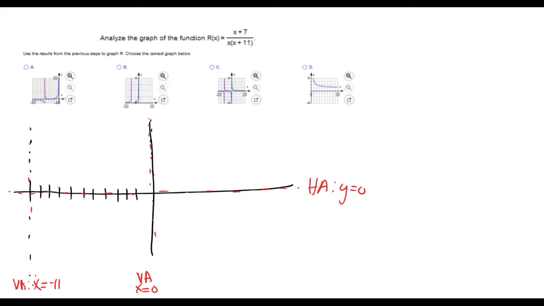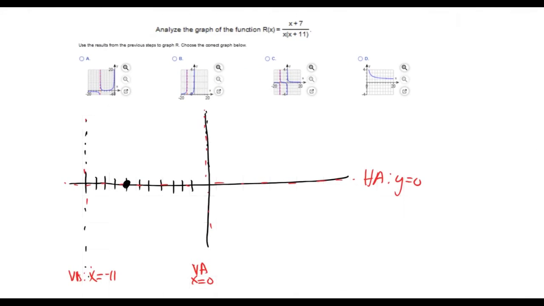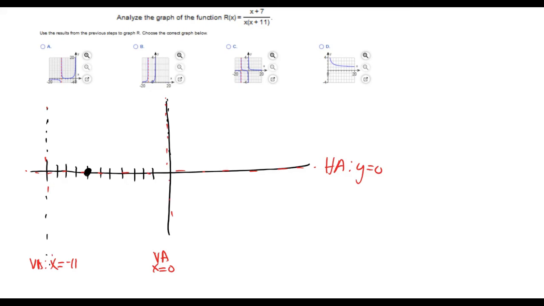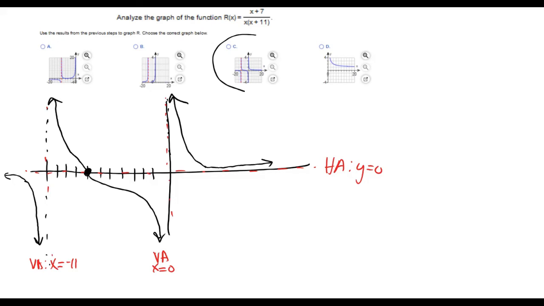We had an x-intercept at -7, and earlier we indicated what was happening around those vertical asymptotes, that we would go to -infinity on one side and +infinity on the other. And then as we look at our end behavior, we're approaching that horizontal asymptote. So that looks like this picture here.